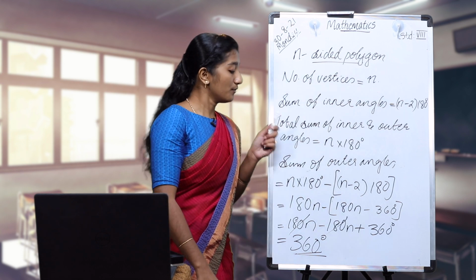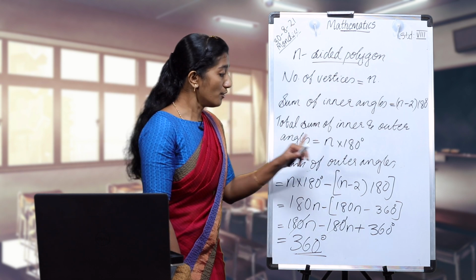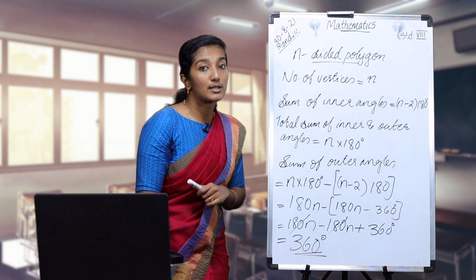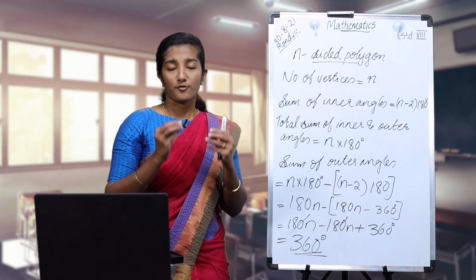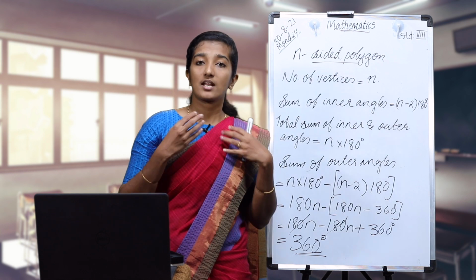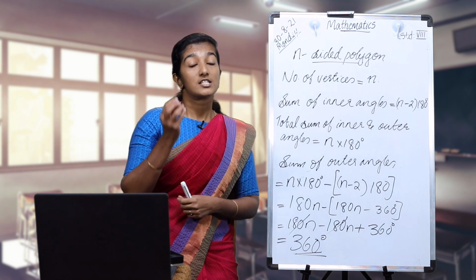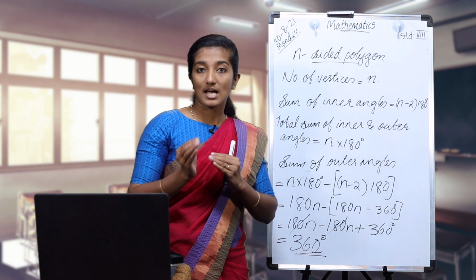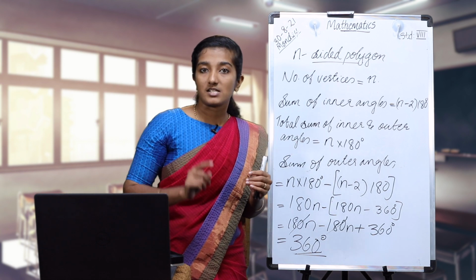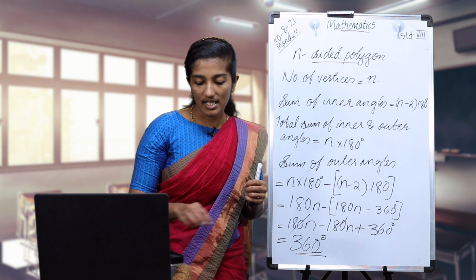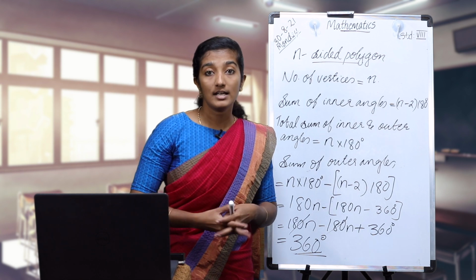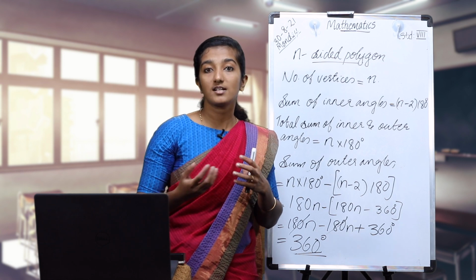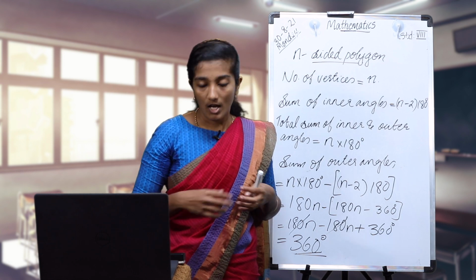So if we consider any polygon with any number of sides, the total sum of outer angles will be 360 degrees. Okay, do you understand this? Do you understand how to find the total sum of outer angles of a polygon?